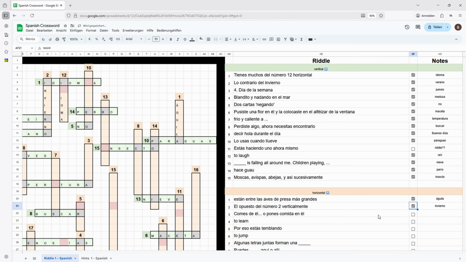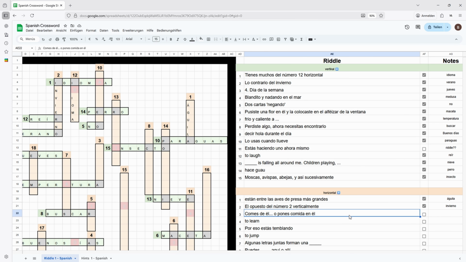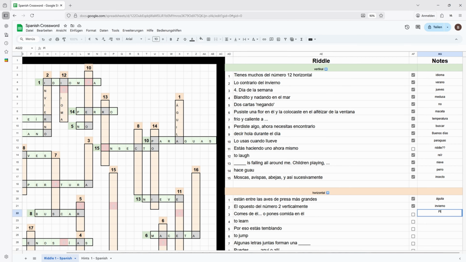So, "¿cómo de él o pones comida en él?" You put food in it. You eat from it. A plate? So plato? But plato doesn't work. Oh, it's plata. But it's too short.